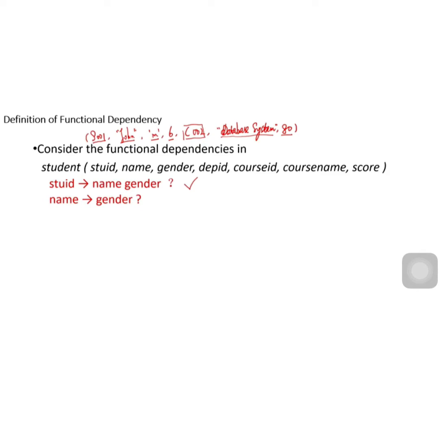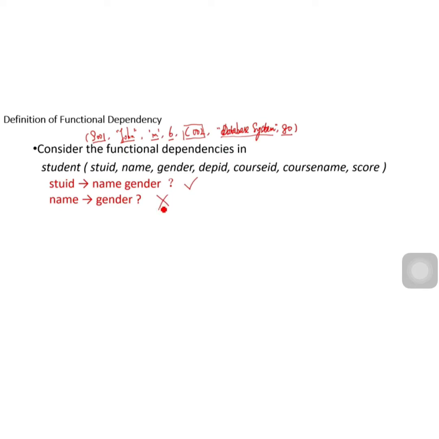So in China, name cannot identify a student. Name cannot identify a person. And maybe we can find a boy and a girl with the same name. So we cannot say that if any two students have the same name, then they have the same gender. So name functionally determines gender does not hold in China.